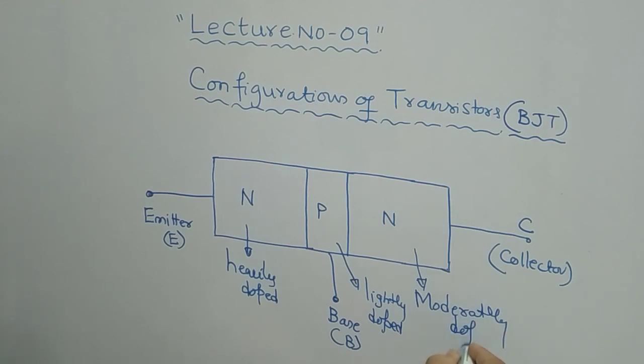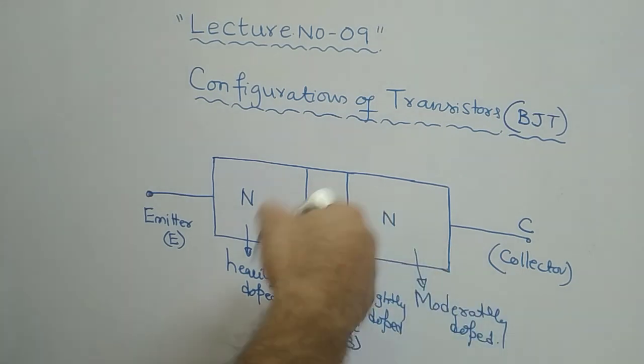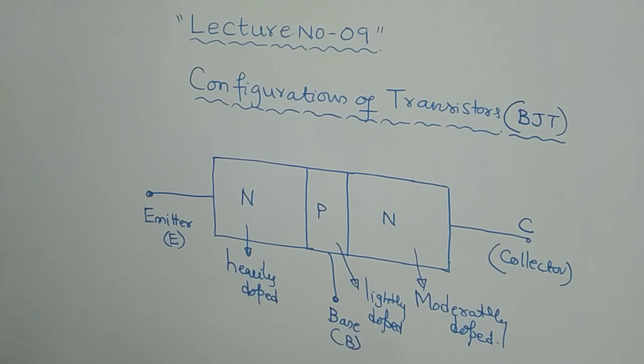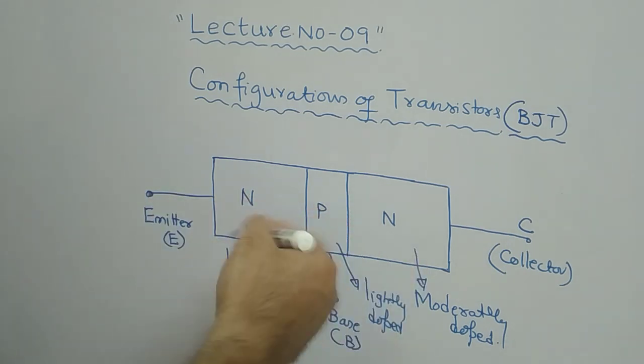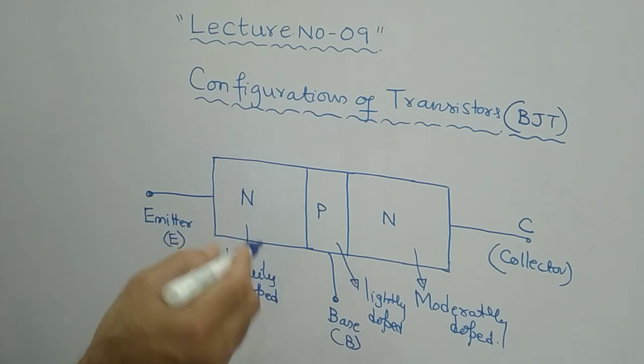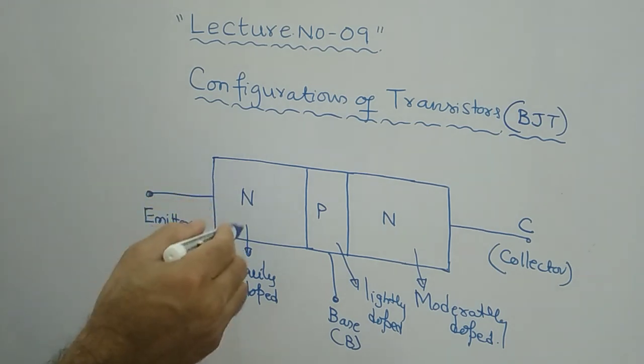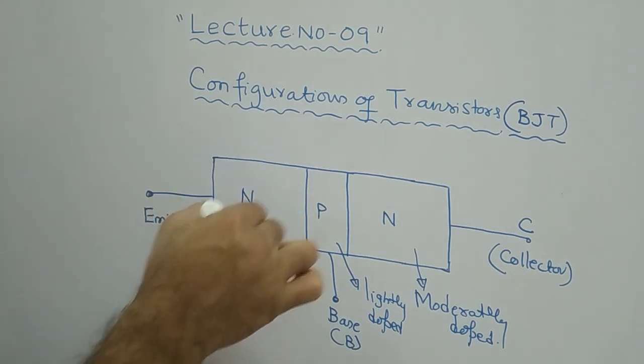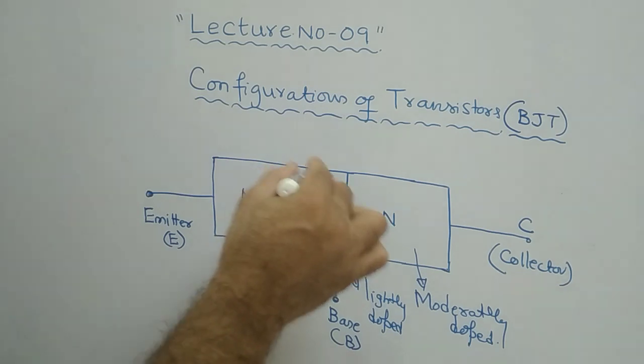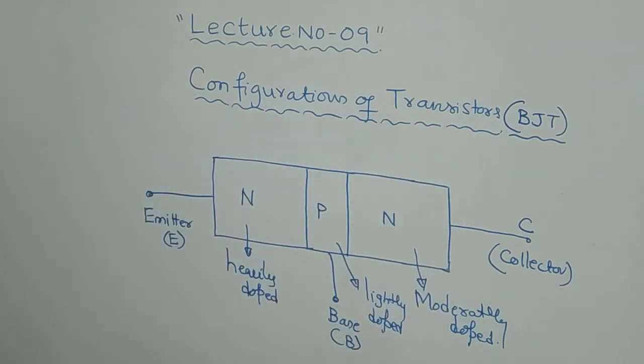Sometimes this may be important as far as your competitive examination is concerned. The doping level of the NPN material, how the doping is done in a transistor, may be asked, right? So remember: the emitter is heavily doped, the base is lightly doped, the collector is moderately doped.